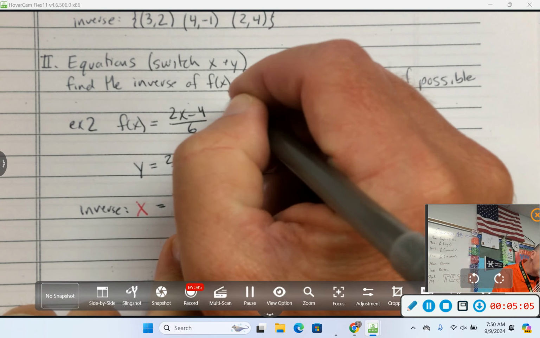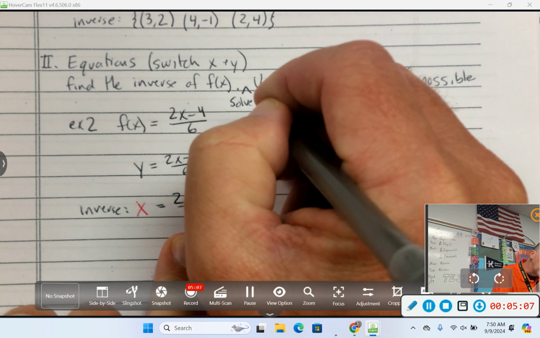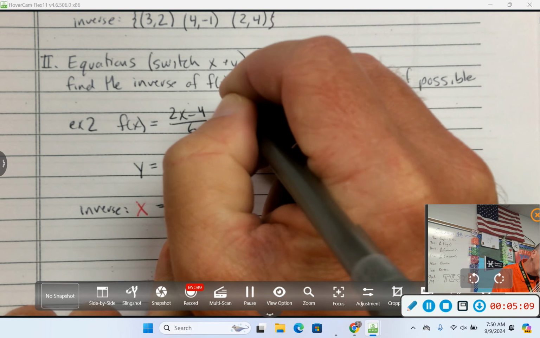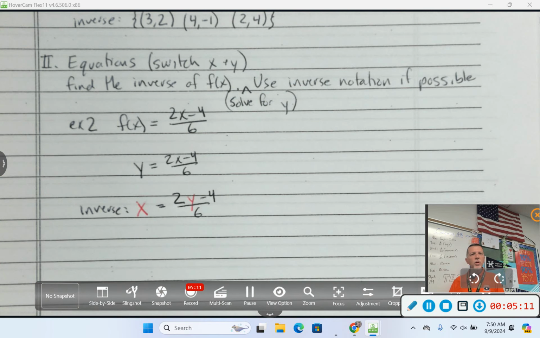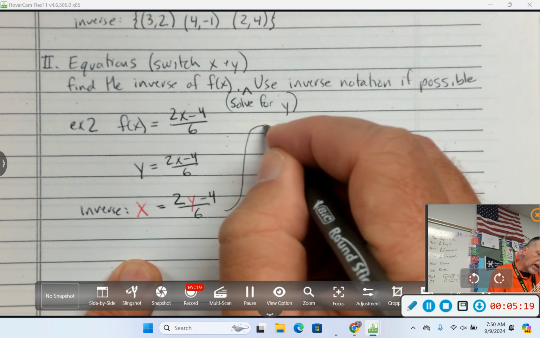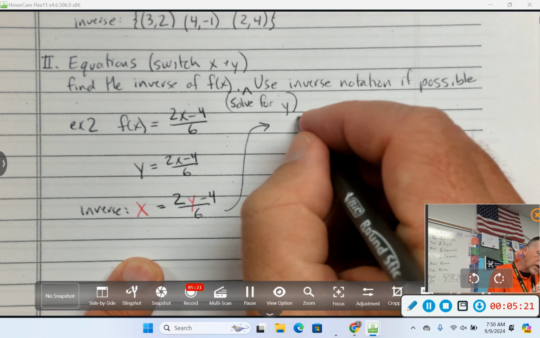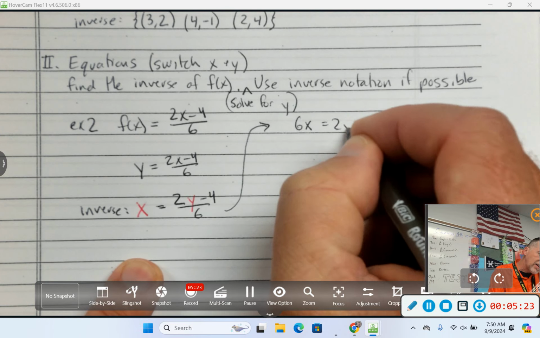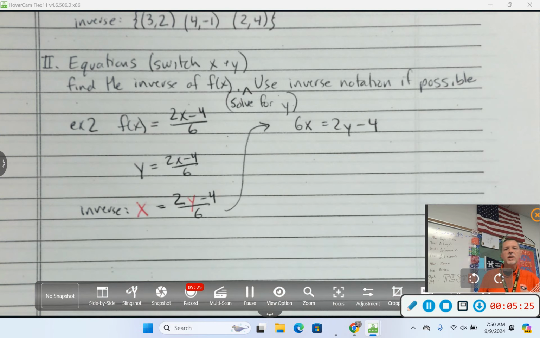So what we didn't say, and what's not usually said, but needs to be sort of understood, is after you make the switch, solve for y, and then we'll see about inverse notation. Okay, so let's multiply by 6. Then we're almost there.